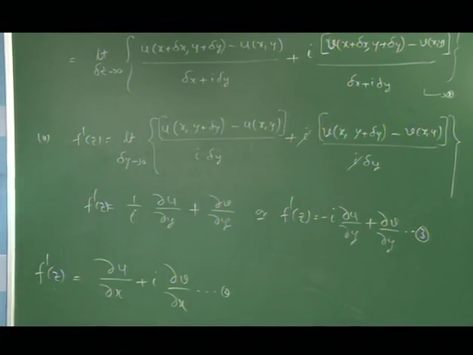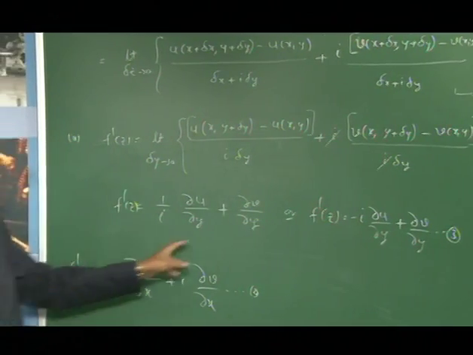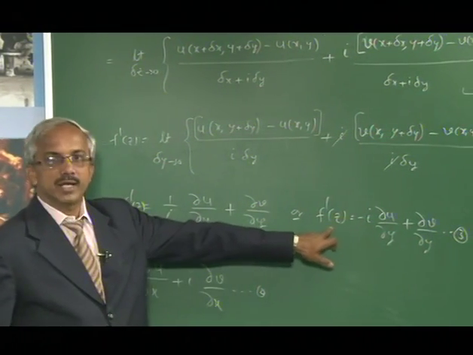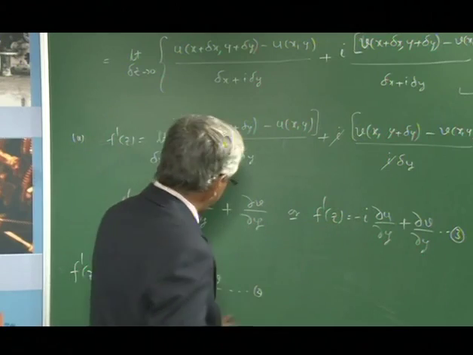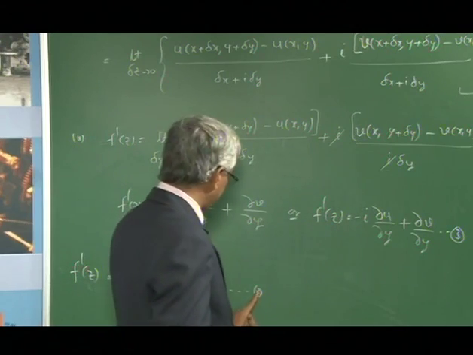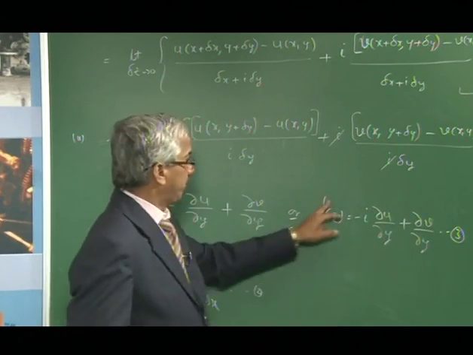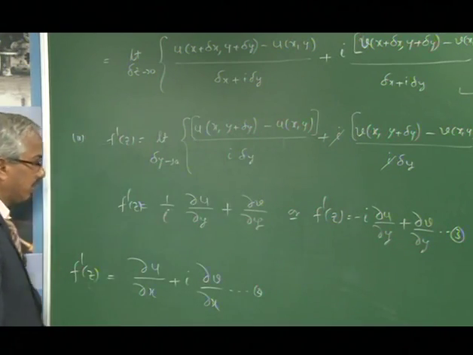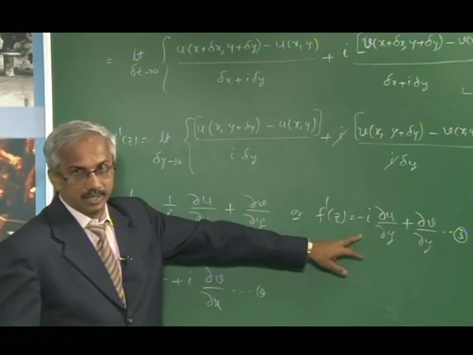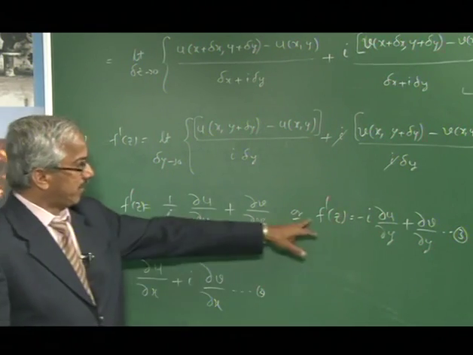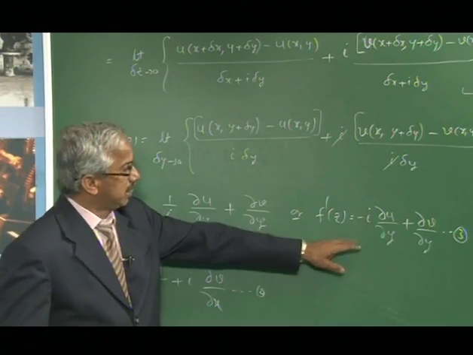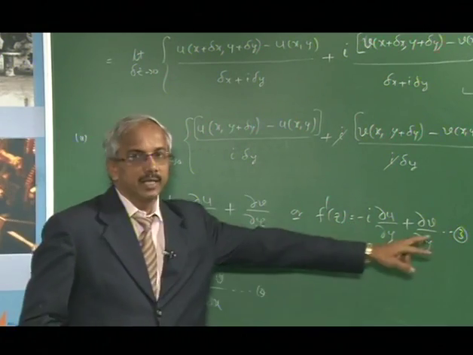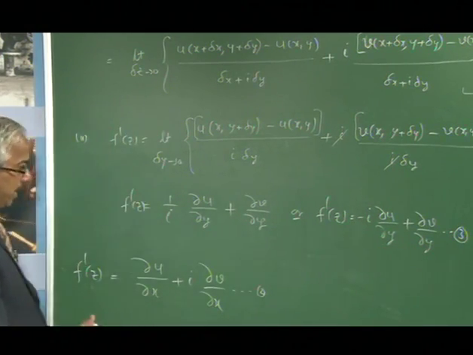The existence of the derivative f'(z) requires the equality of expressions 2 and 3. If equations 2 and 3 are not equal, then f'(z) does not exist.